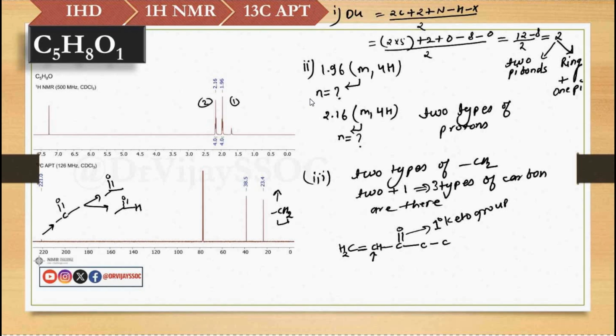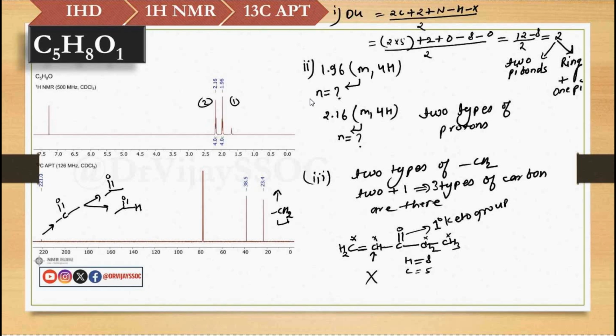If you put the structure like this, how many hydrogens are there? 8 hydrogens, 5 carbons. So this matches the molecular formula, but it is not satisfying the NMR, because it should have only two types of proton, but here you will have this proton, this different proton, this one and this one. So this is not satisfying the 1H NMR.